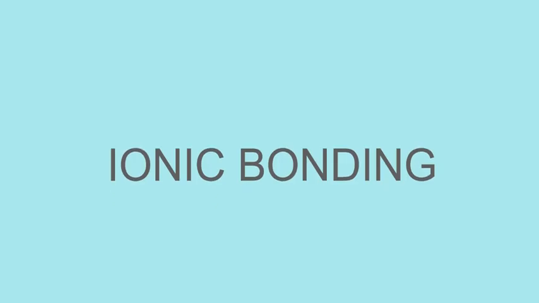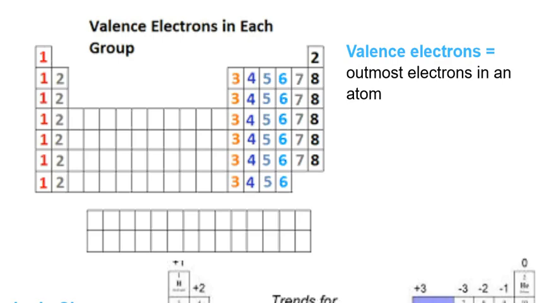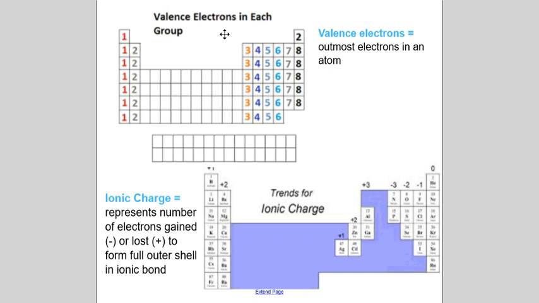And that brings us to ionic bonds. I'm going to change the view here really quick. So valence electrons in each group. The alkali metals have one valence electron, alkaline earth metals 2, then 3, 4, 5, 6, 7, and 8, with the exception of helium up here.